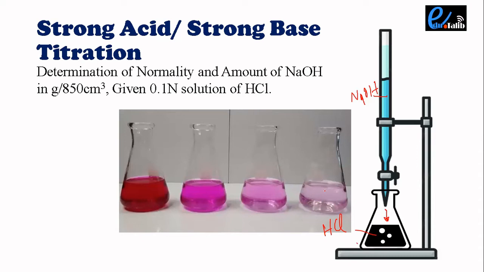If you insert the drop in the conical flask that has the HCl, it will show this color. Let's say this one is A and this one is B, which is somewhat darker in color, and this is more dark, and this one is the darkest.